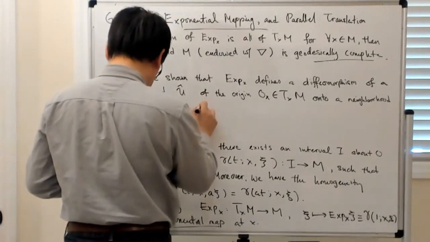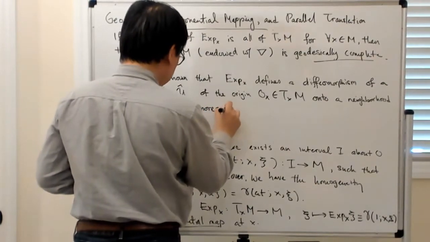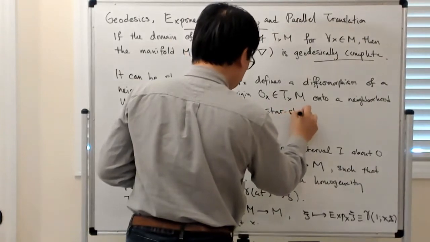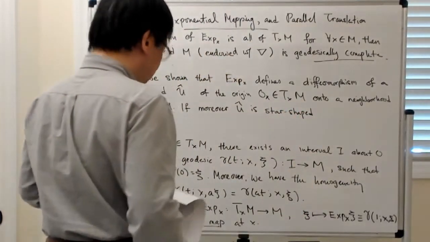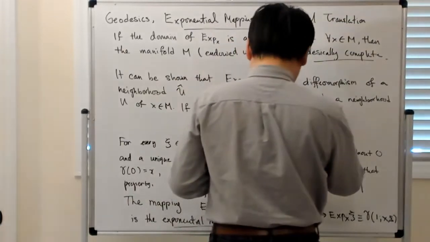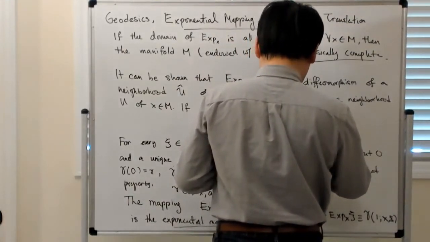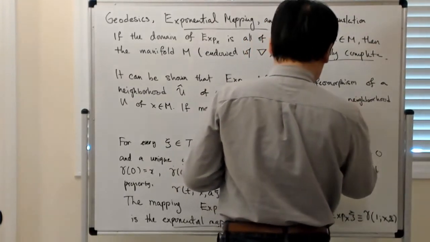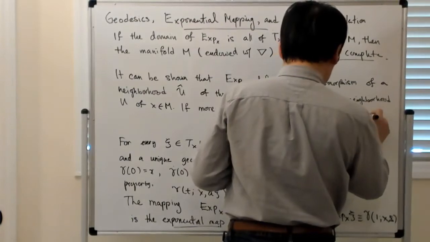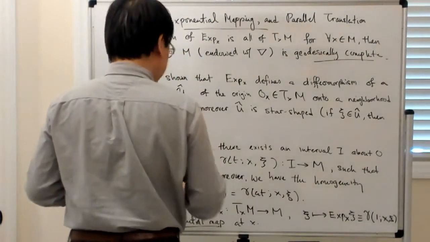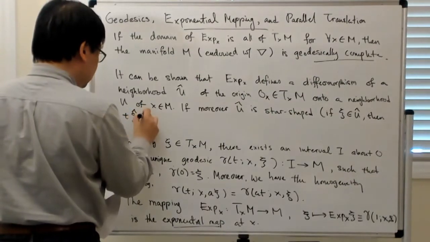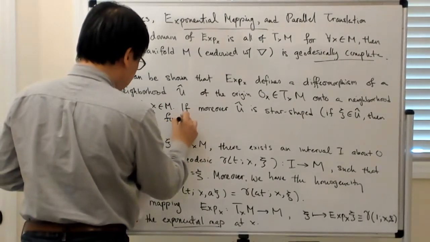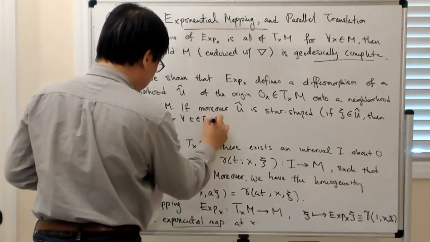Okay. All right. So if, moreover, U hat is star-shaped, and what it means for it to be star-shaped is that if some vector is in U hat, then t times that vector is also in U hat for all t in the interval from 0 to 1.